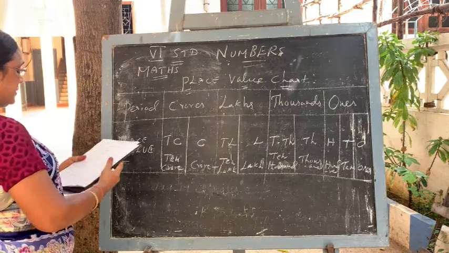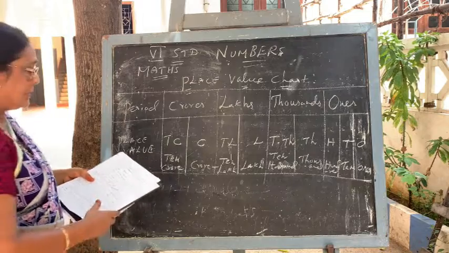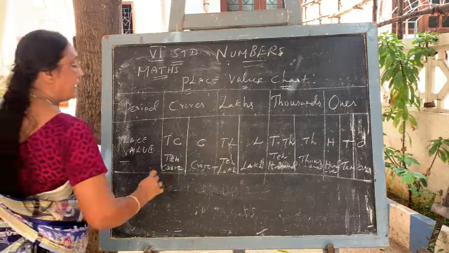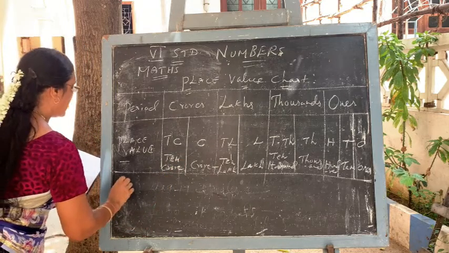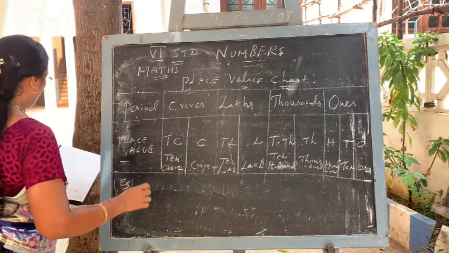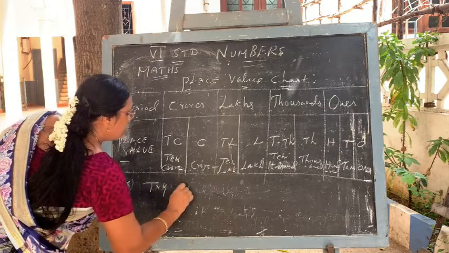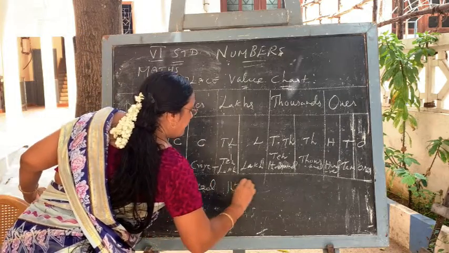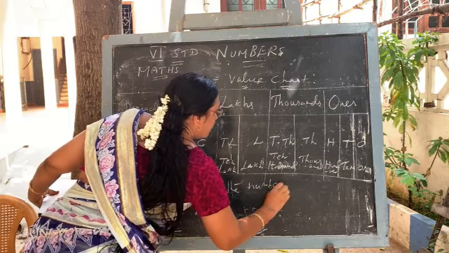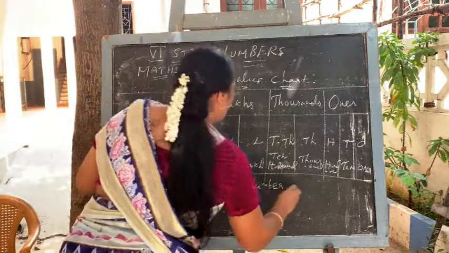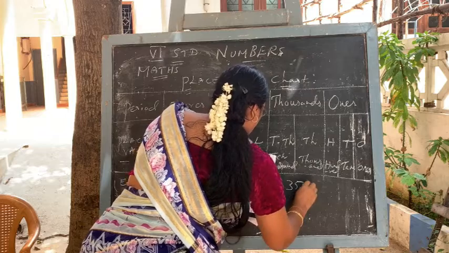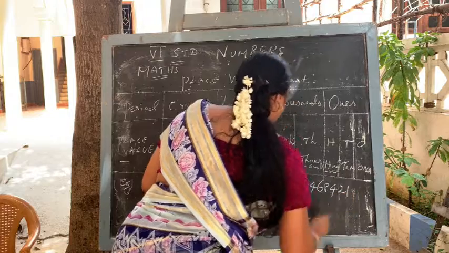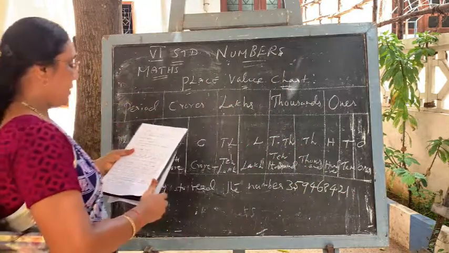Now how to read the numbers? Try to read the number. I'll give you one sum. Try to read the number 359468421. A very big number is given to you. And how to read this?